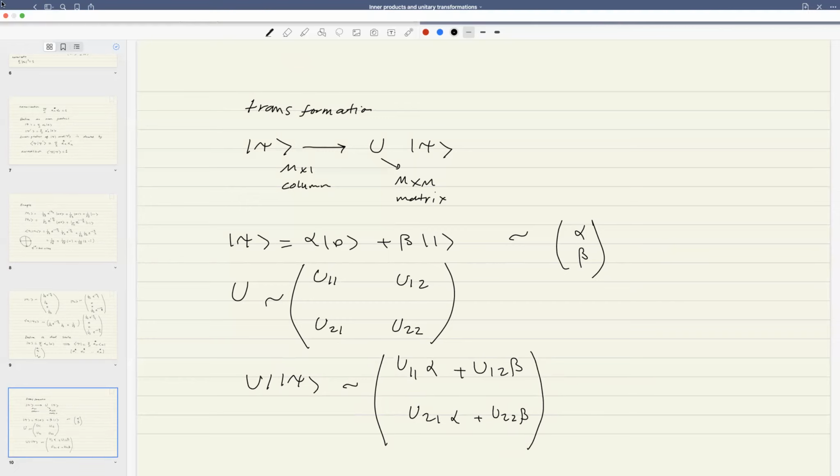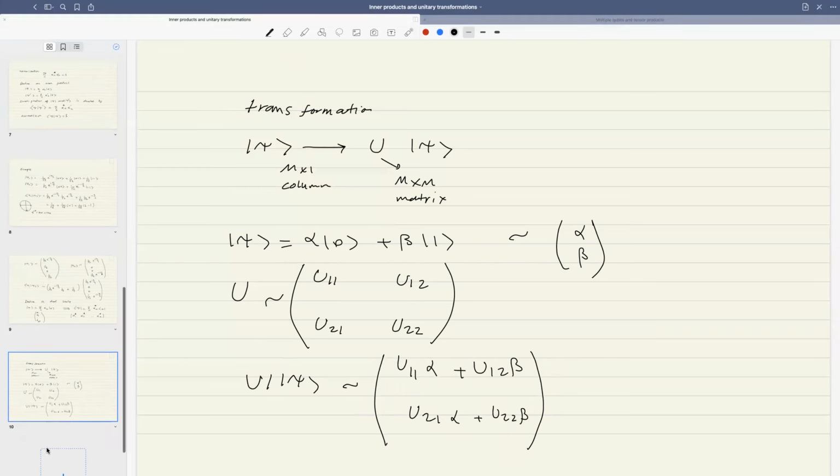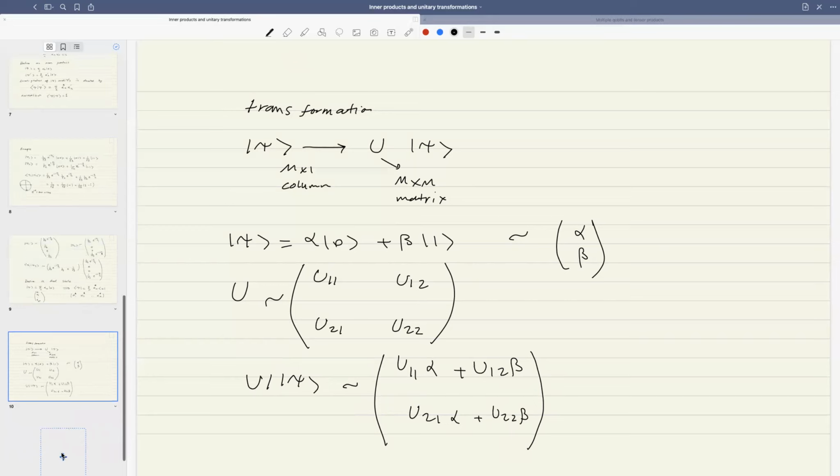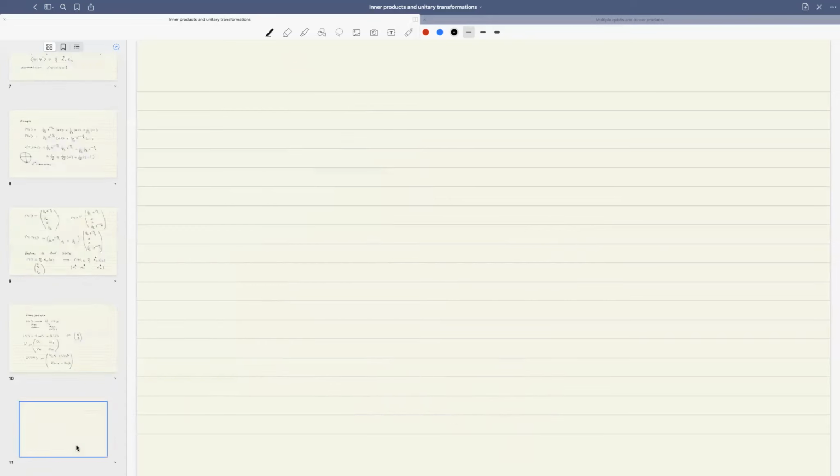Now, in addition to being linear, this transformation preserves the norm. So if you have a normalized state and you transform it, we should conserve the normalization. So that makes these matrices U kind of special.